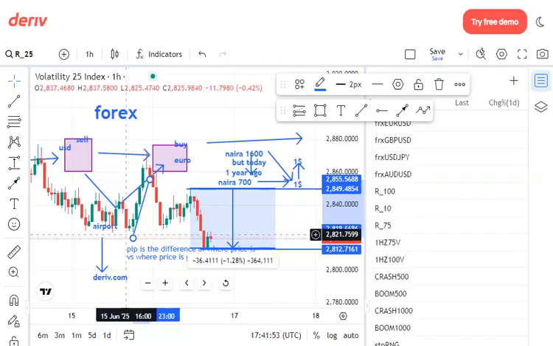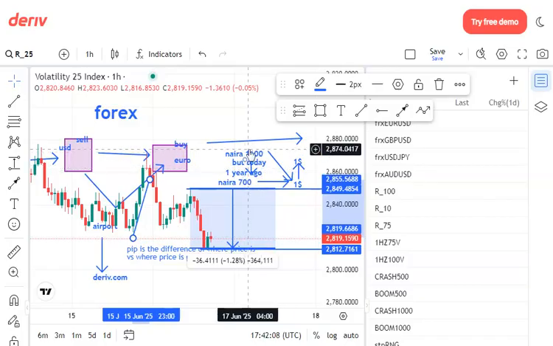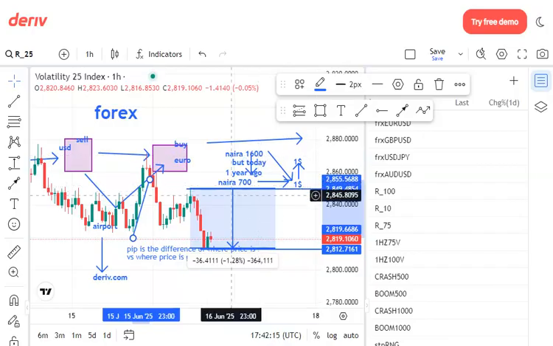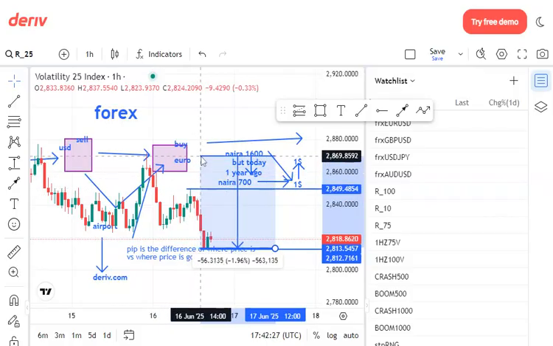So one year ago, let's say the market was 700 naira. Of course, this is just an explanation, so we're going to use the example of where price is now. Anybody who bought 700 naira worth at the airport and held it until today would have made a difference.